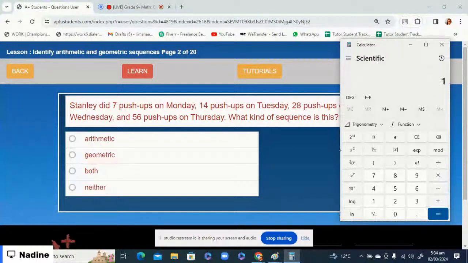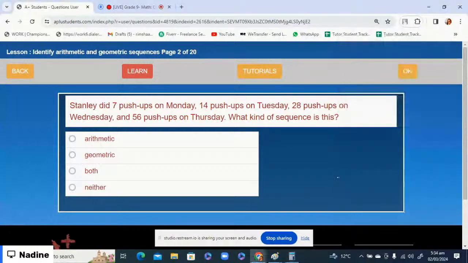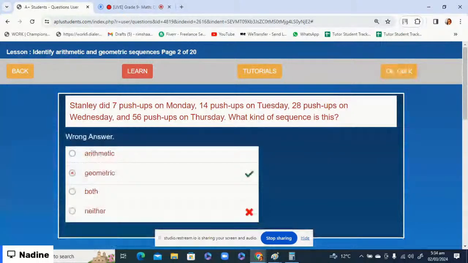Now 28 minus 14, it's 14. Now 56 minus 28, it's 28. The previous term is repeated. So it's neither arithmetic... oh, sorry, it's geometric, basically multiples. 7 times 2 is 14, 14 times 2 is 28, and 28 times 2 is the next number. I just forgot that.